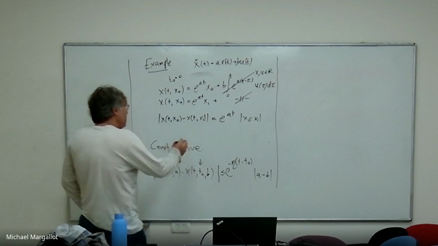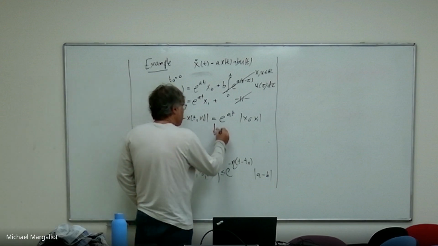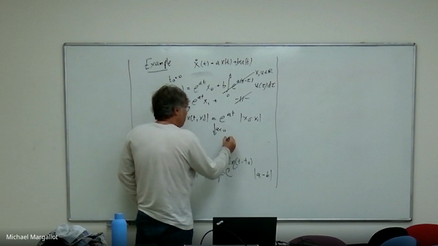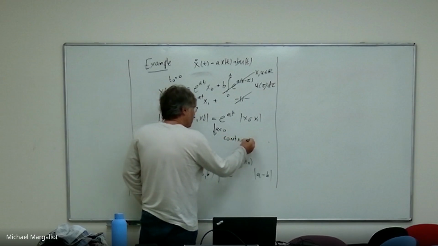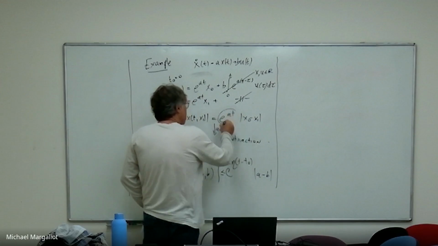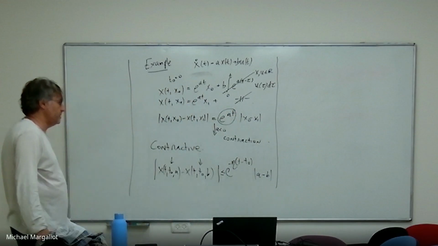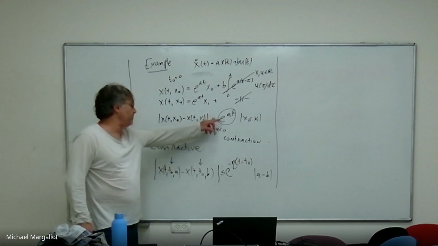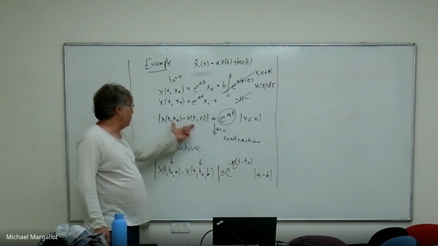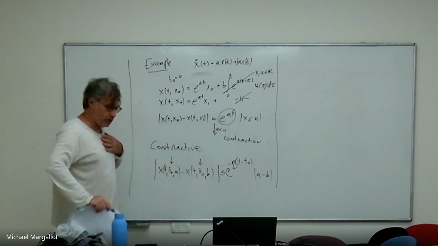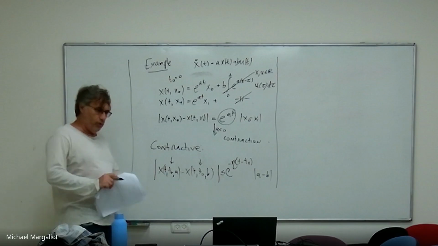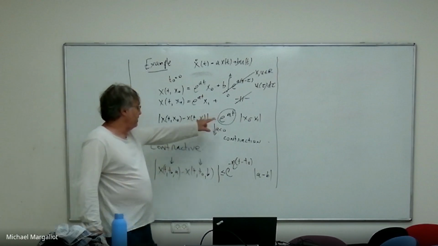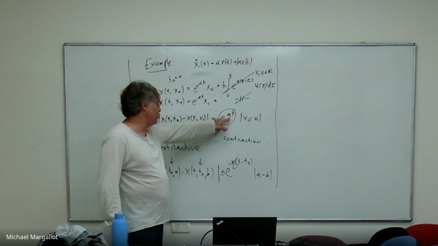And then we see immediately that if A is negative, then we have contraction, because this is a decaying exponential when A is negative. By the way, this is meaningful also when A is positive, because it tells us something on the rate at which trajectories can pull apart. They can never pull apart faster than this exponent, even when A is positive.